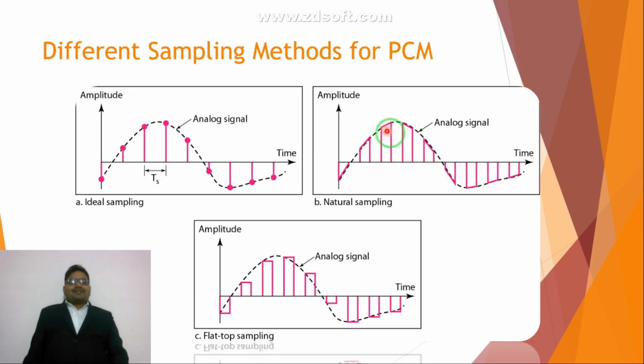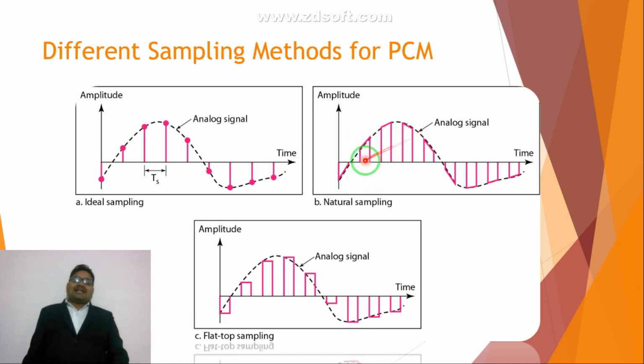But what is the problem with natural sampling? Noise can easily be added at the top of these pulses, and when the noise has been added, it is very difficult to remove it from the top of these samples.